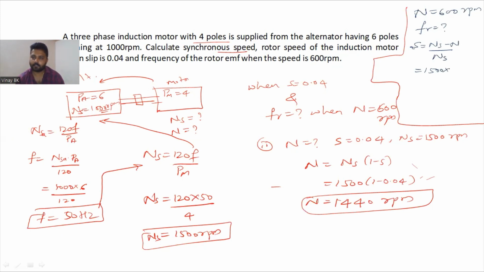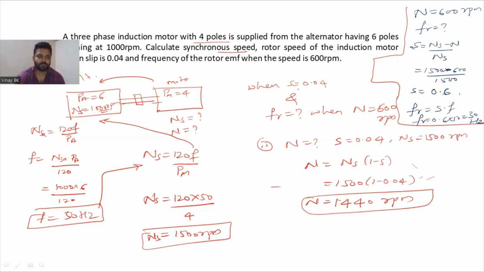So 1500 minus 600 divided by 1500 gives 0.6. The slip value is 0.6. Then Fr equals S into F, that is 0.6 into 50. You get 30 hertz as the frequency of the rotor.